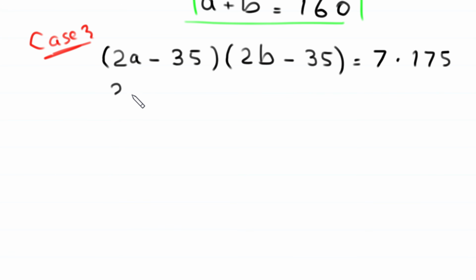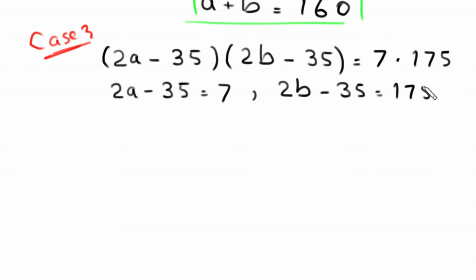So 2a minus 35 will be equal to 7, and 2b minus 35 will be equal to 175.